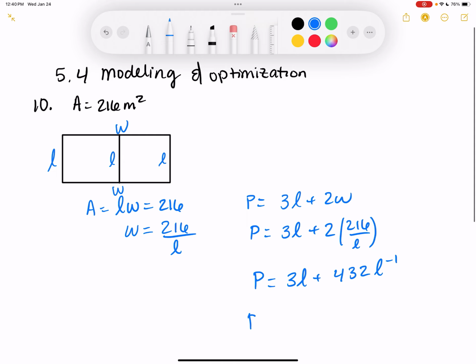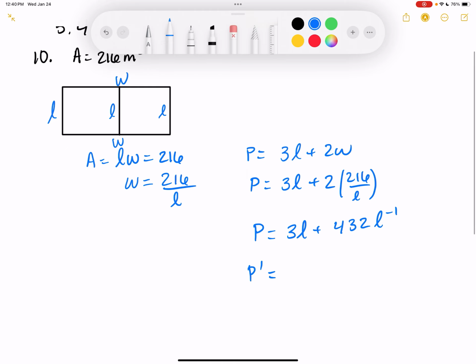So now the derivative, P prime, is going to be what? 3 plus negative 432 L to the negative 2. Now set it equal to 0. I've got negative 432 L to the negative 2 is equal to negative 3. Divide by that.